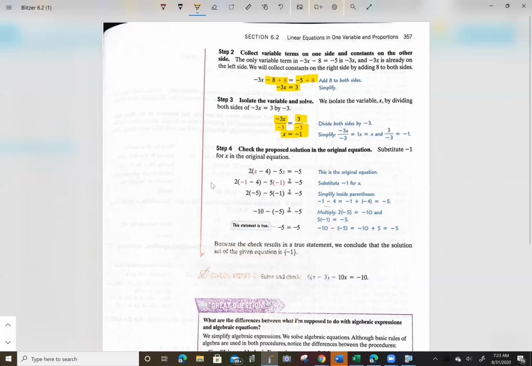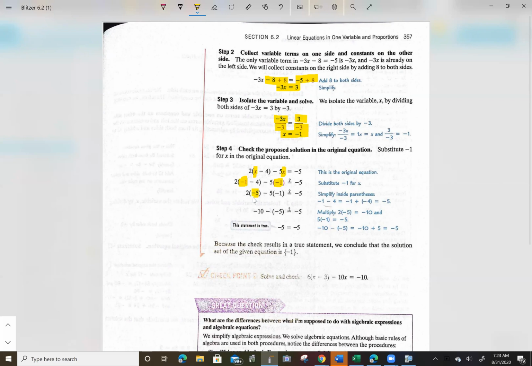Step 4, check the proposed solution. I love how it makes us check this. So we're just going to substitute in everywhere we had that x, a negative 1. See how this works really well with what we were just trying to do in our last chapter, which was simplify expressions. Okay, so inside the parentheses first, negative 1 minus 4 gives us negative 5.